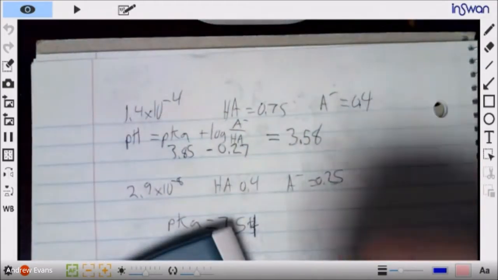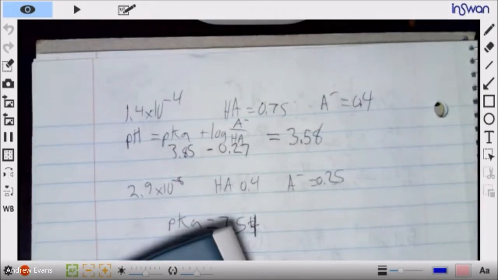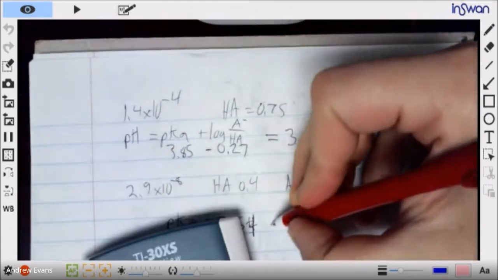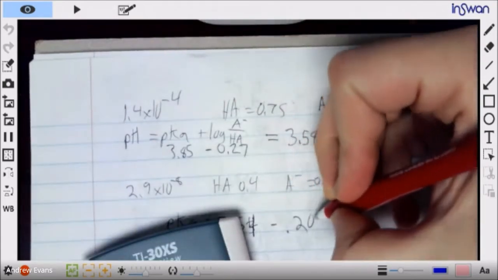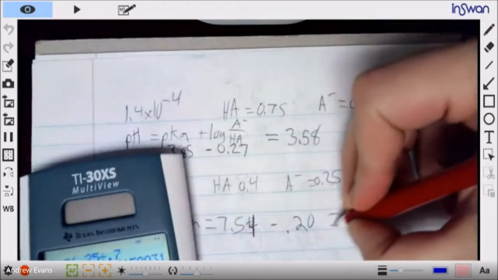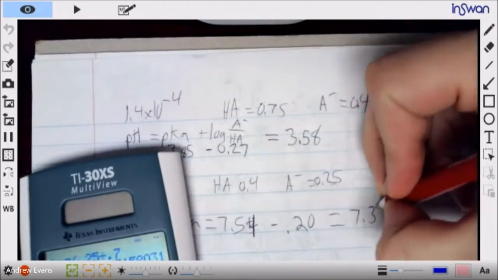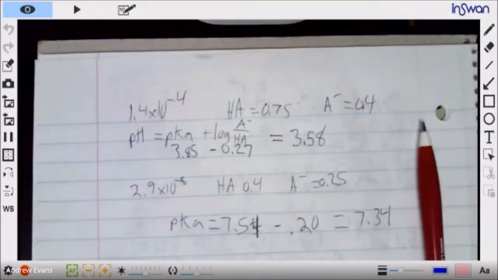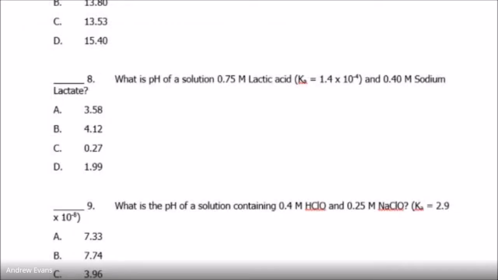And our log of A minus over HA becomes negative 0.20. So you have 7.34 as our pH. 7.34 is our pH. 7.33 would work as well.